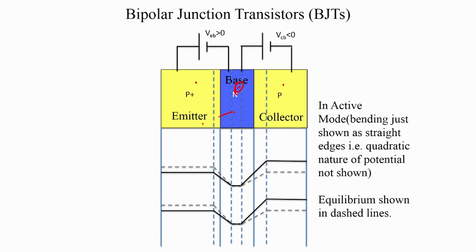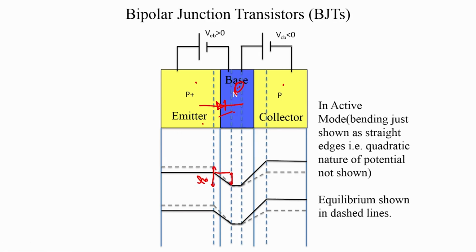So since this diode is now forward biased, the depletion widths will reduce a little and the band bending will become a little bit shallower, which is represented here. The dark line shows the active mode of operation while the dashed line is the equilibrium condition. You can see that this built in potential is reduced as compared to that.